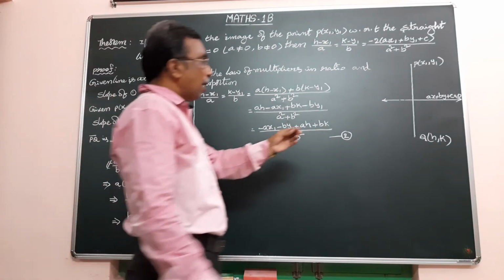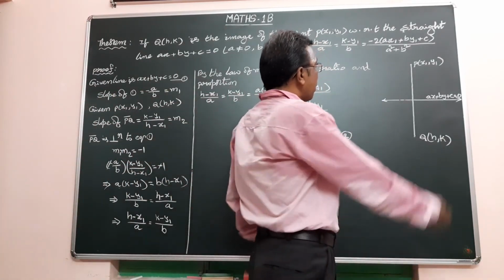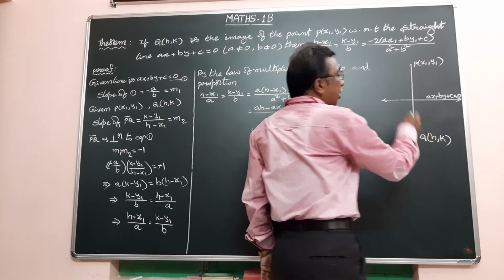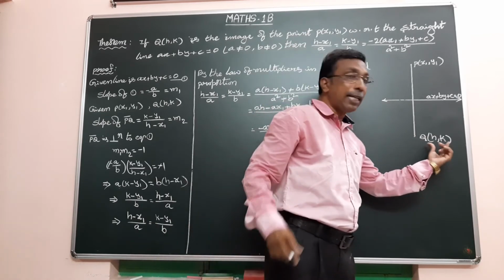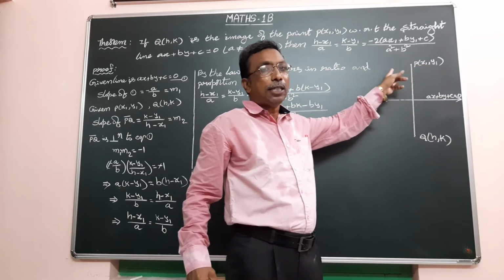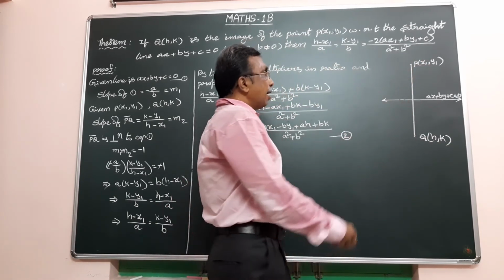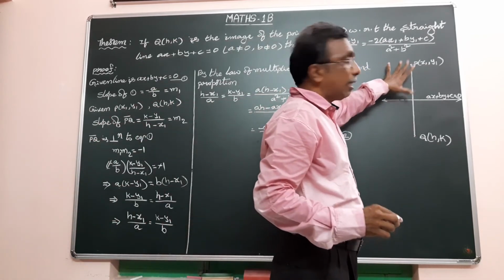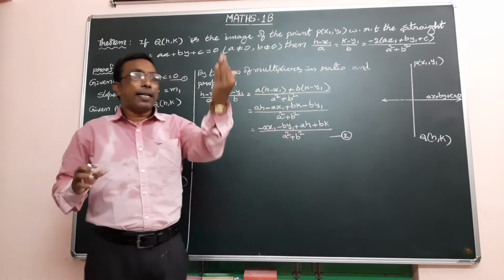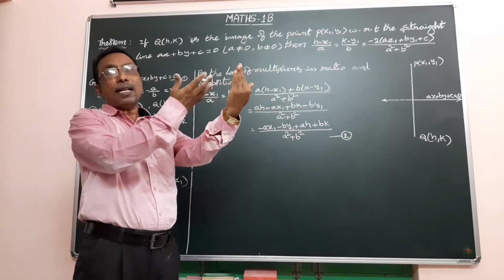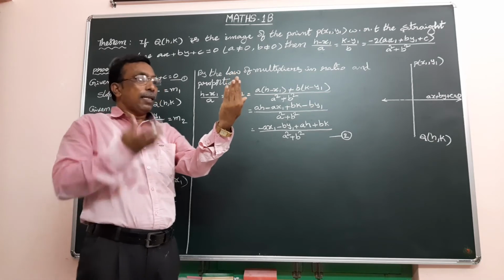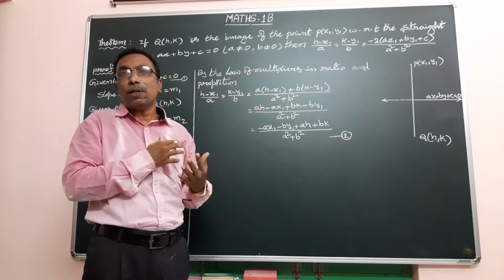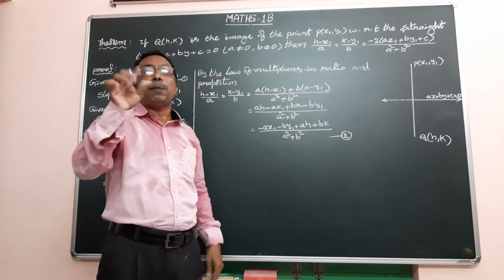Next, now observe this one. P, image is Q. This Q is the image of P. Image means, for example, we take a mirror, and the image appears there. Image appears there means the mirror is the midpoint.